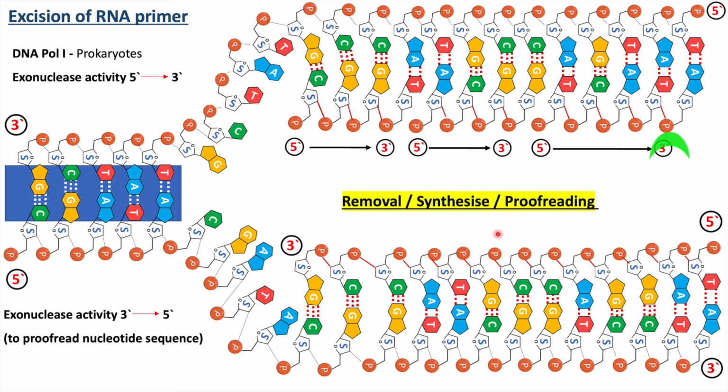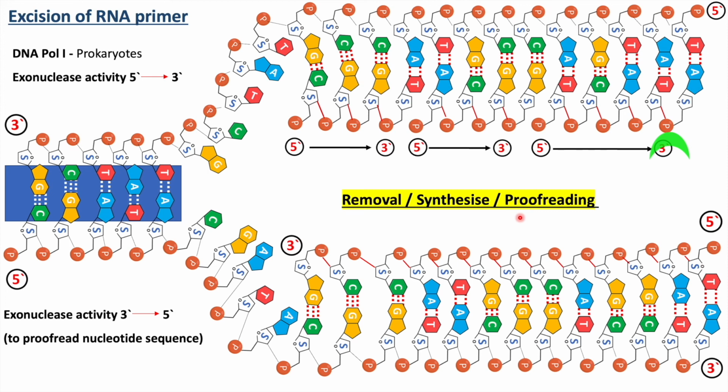So that means DNA polymerase has three important things to do. First, it removes the RNA primer by removing the ribonucleotides, and when it removes that, it synthesizes the new strand by replacing this ribonucleotide with deoxynucleotide, and when it does that, it eventually has to proofread the new DNA strand to make sure that all the base pairings are correct.